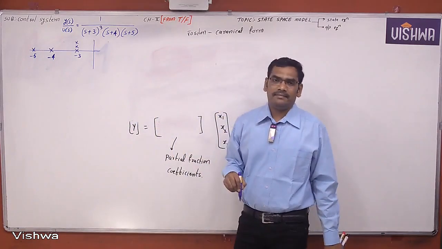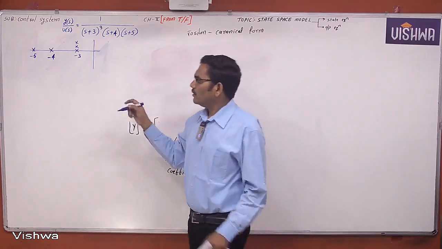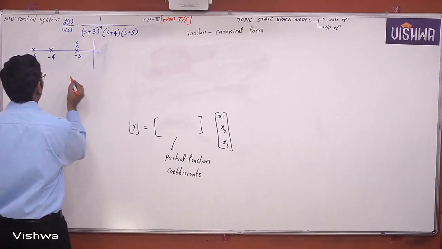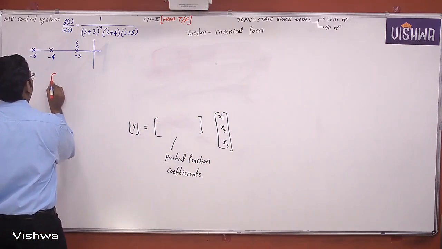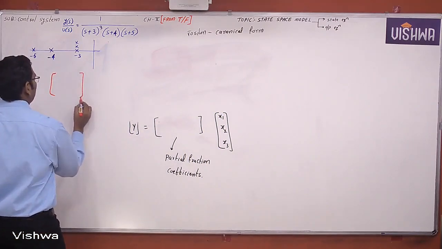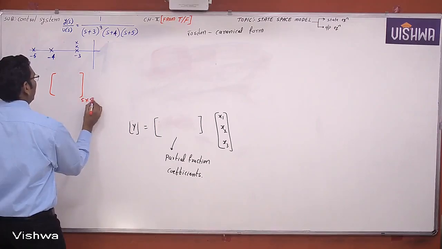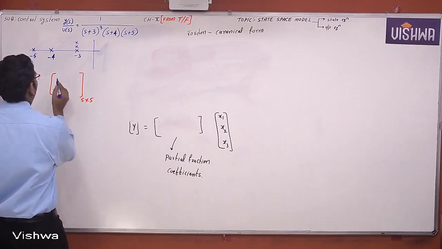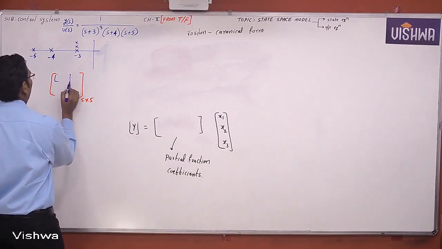Now in that, what is the Jordan block? Then the Jordan block order is 3 by 3. So the total A matrix order is 5 by 5 because the order is 5. Now in that, the Jordan block order is 3 by 3.